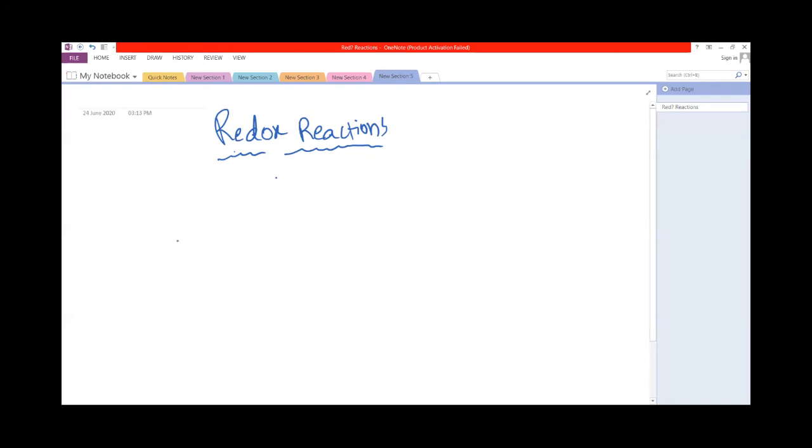Here you can write redox reaction. Some examples were already given previously, but again, if you want, you can note them down. Zinc plus Cu2+ gives rise to Zn2+ plus Cu.